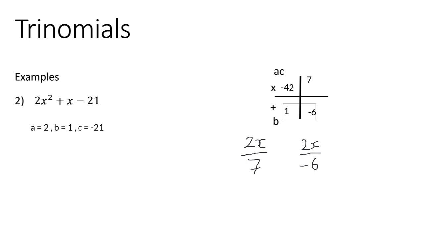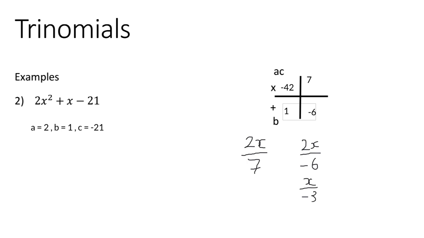At this point, I'm going to double check to see if I can simplify anything. And hopefully you have noticed already that 2x over negative 6, I can divide 2x and I can divide negative 6 by 2. So I'm actually going to simplify that down to x over negative 3.